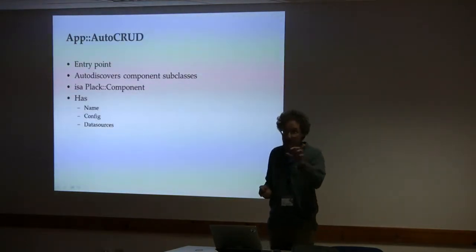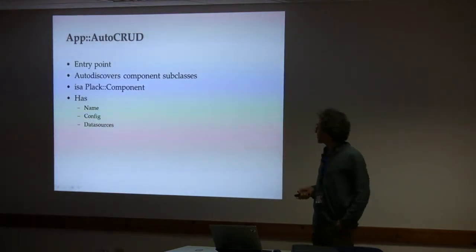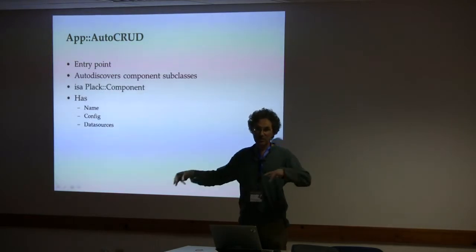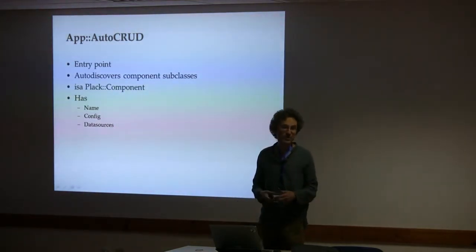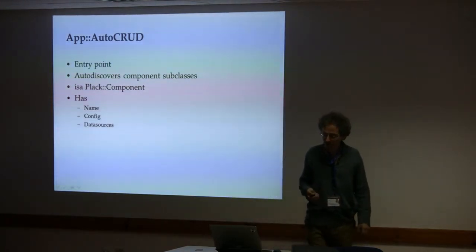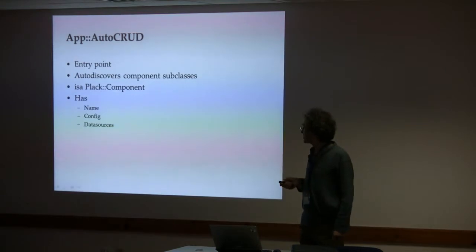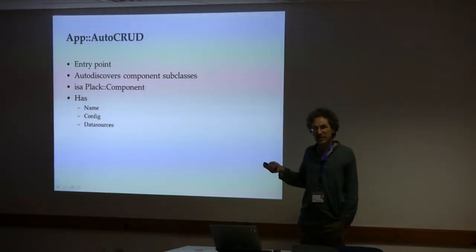So we are going to see each box in a row. The entry point, its job is to assemble all the subcomponents. So it will auto-discover the modules. As I said, it's a Plack component, and it has a name, it has a configuration, and it has a list of data sources.